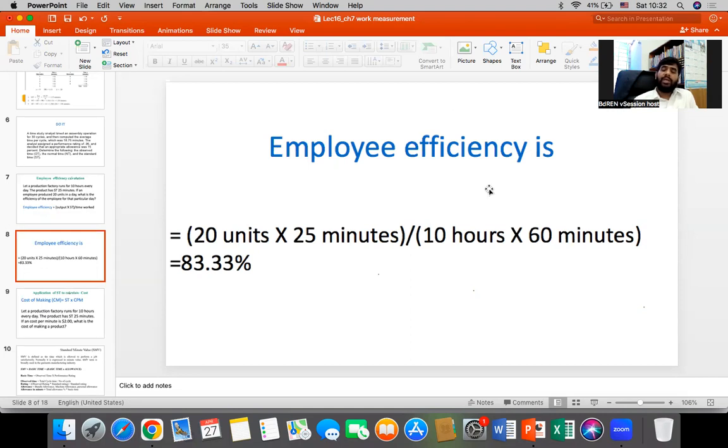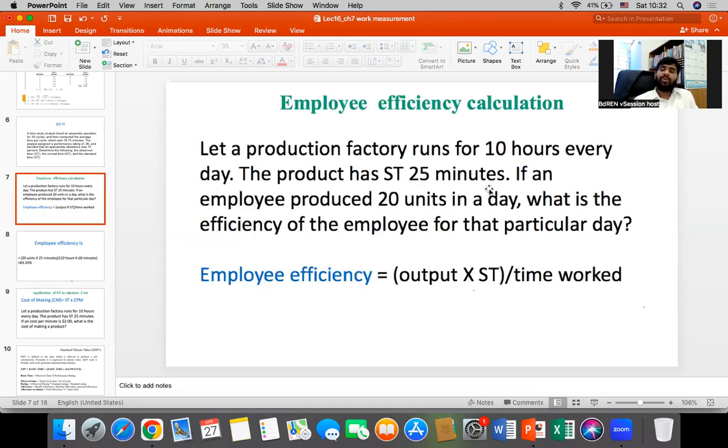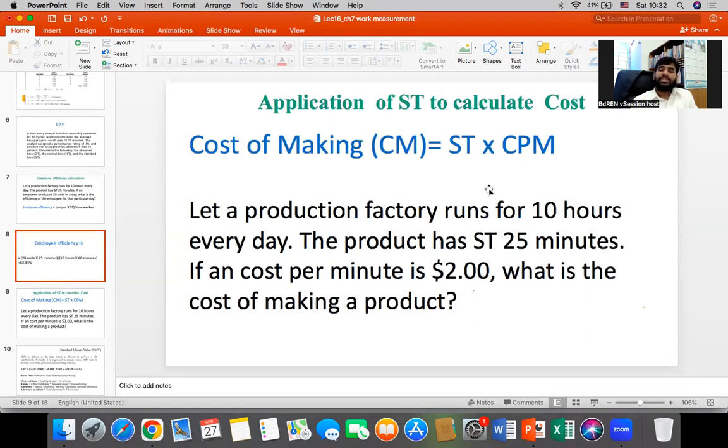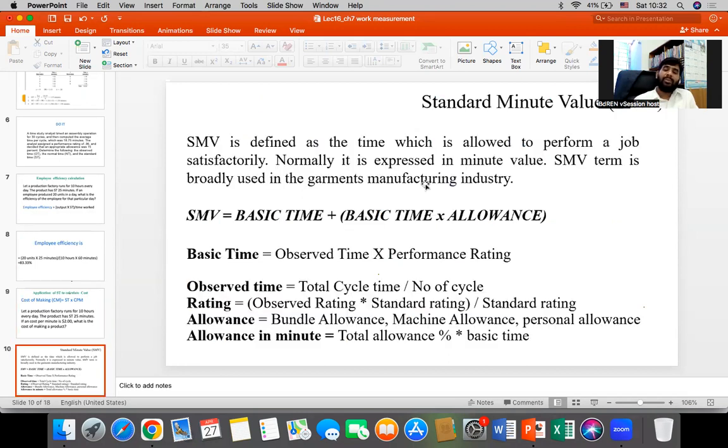So we can use standard time to calculate employee efficiency. We can also use standard time to calculate the cost of making a product. There are a lot of applications of standard time.